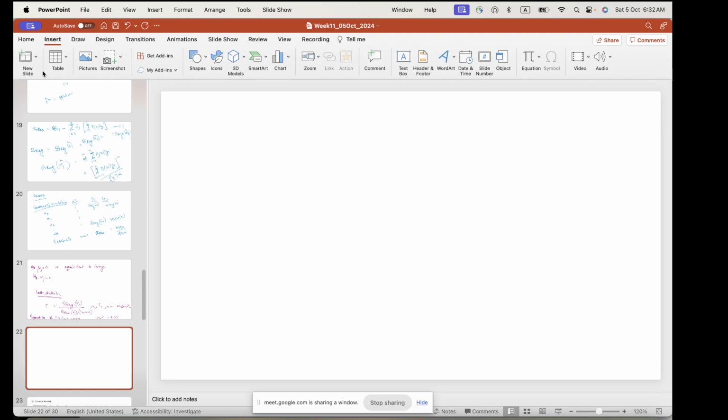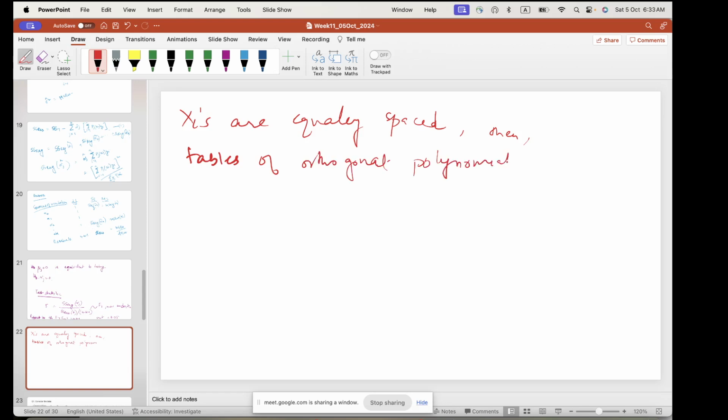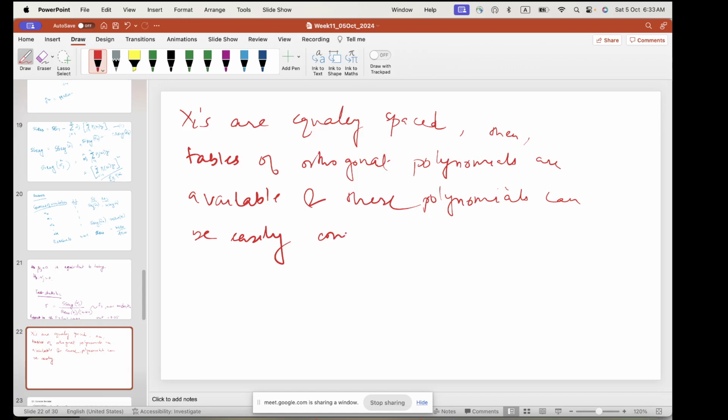Given that, what we have learned is that if the xi's are equally spaced, then tables of orthogonal polynomials are available, and these polynomials can be easily constructed.